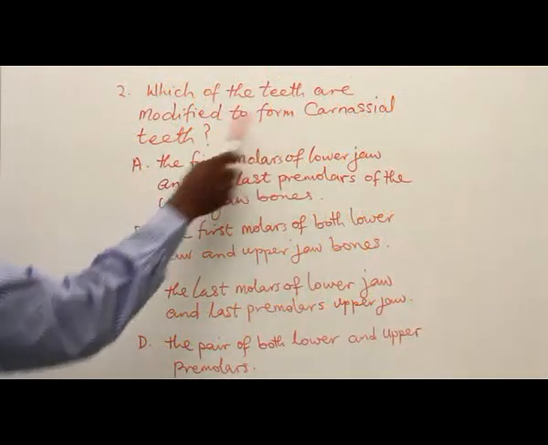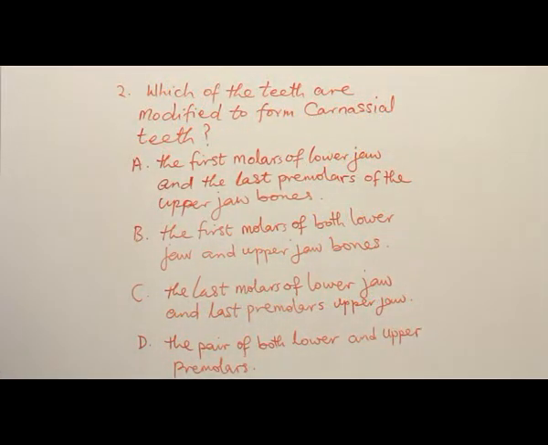Now, carnassial teeth are large modified teeth found in carnivores for cracking bones. They are actually modified premolars and molar teeth. Now, the last premolar of the upper jaw and the first molar of the lower jaw are modified to form these carnassial teeth.